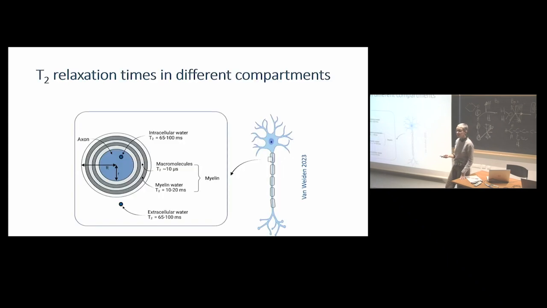But we can do more than so. We can start to look at pools of water which reside inside our voxels, because if you look at these myelinated fibers, they will have different pools. So you can start looking at this myelin water, which has a shorter T2 than the extra and intracellular water.